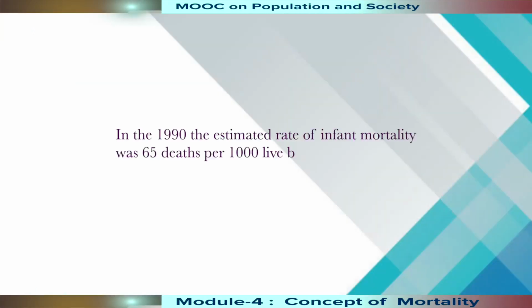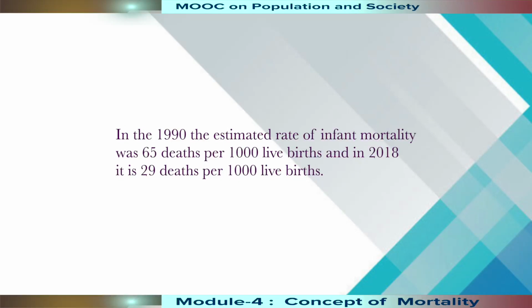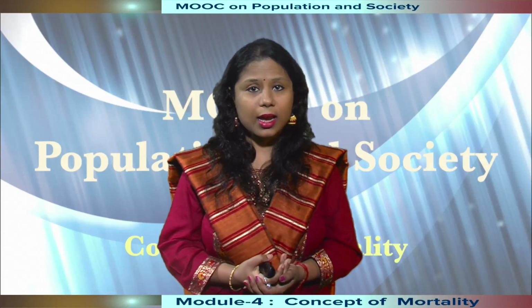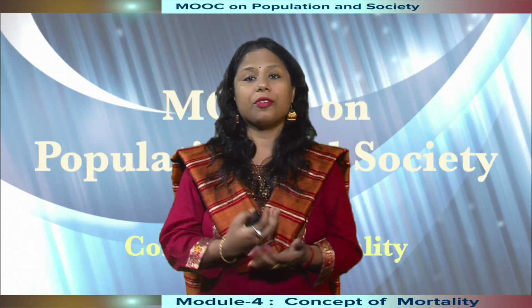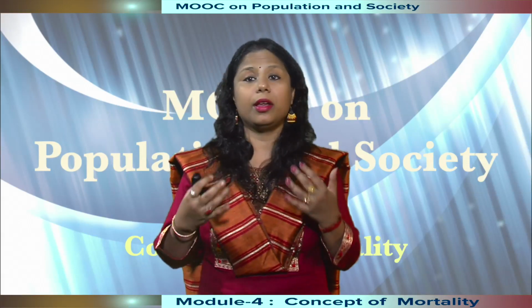In the 1990s, the estimated rate of infant mortality was 65 deaths per 1,000 live births, and in 2018, it has decreased to 29 deaths per 1,000 live births. This is indeed a good sign, but the figures of infant mortality are still very huge.